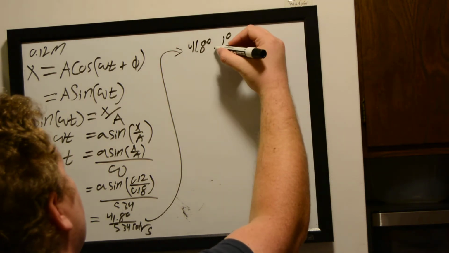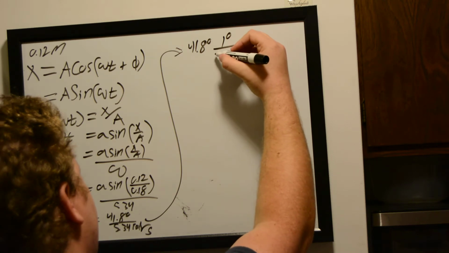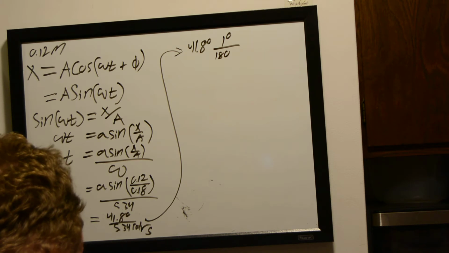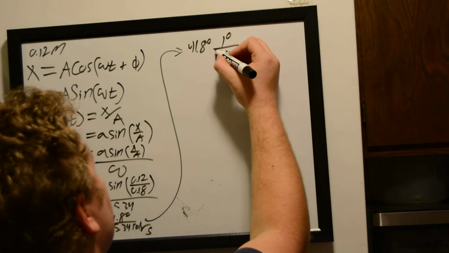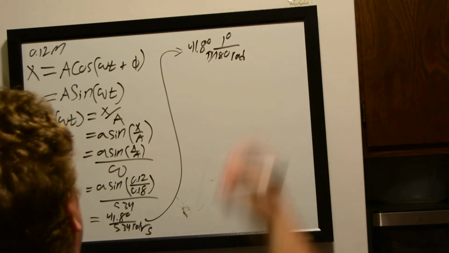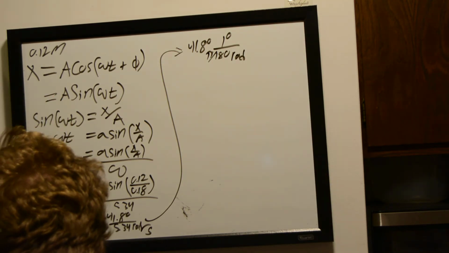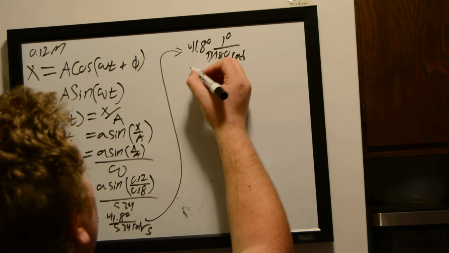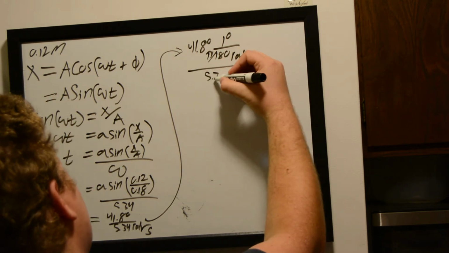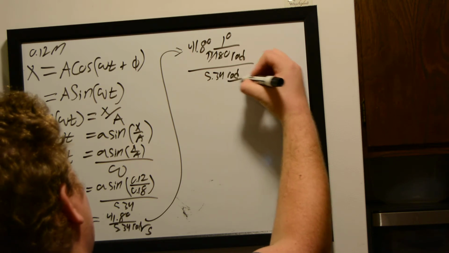We know that 1 degree is the same as pi divided by 180 radians. So that's going to be over our 5.34 radians per second.